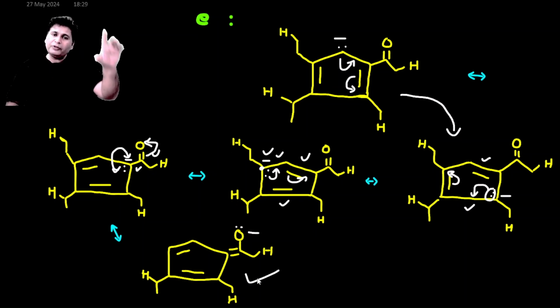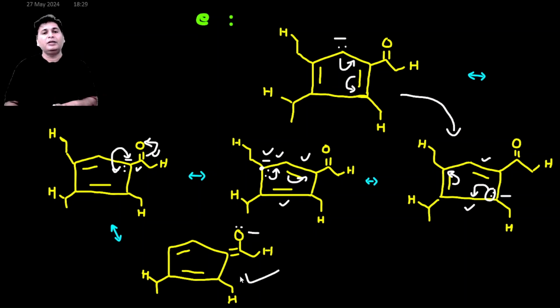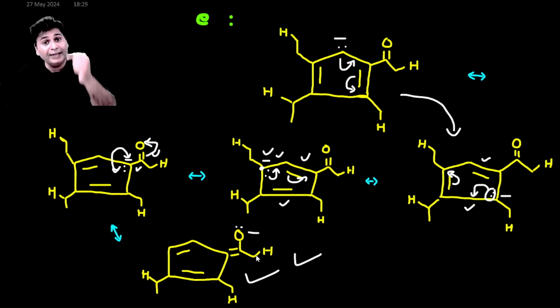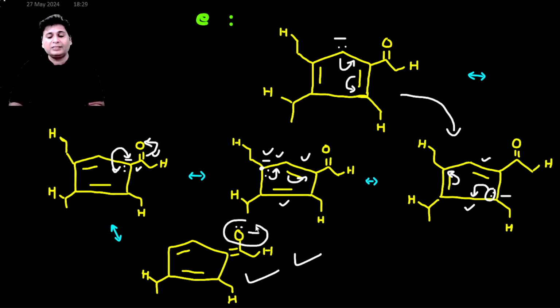So apart from the 5 resonating structures which will be responsible for giving the aromatic character to the species, you will get this extra structure also, which is also quite stable. Why? Because it has the minus charge on the more powerful oxygen. So altogether you got 6 structures, and above all you got a very special thing called aromatic behavior associated with this anion.